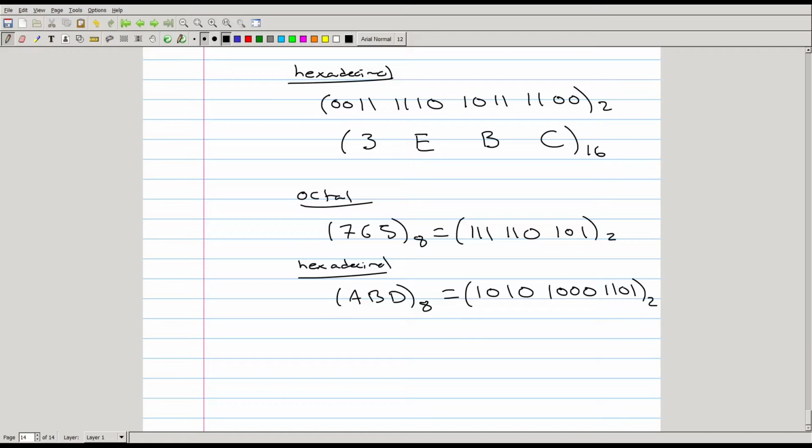So next I want to describe how to add and multiply integers of different bases. So we'll start with addition.